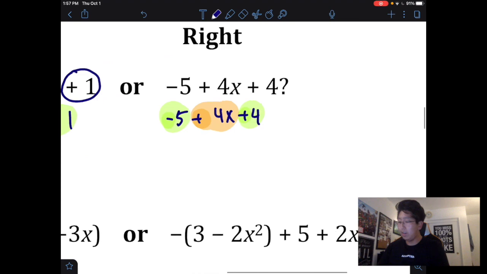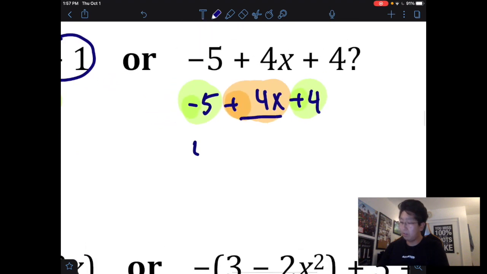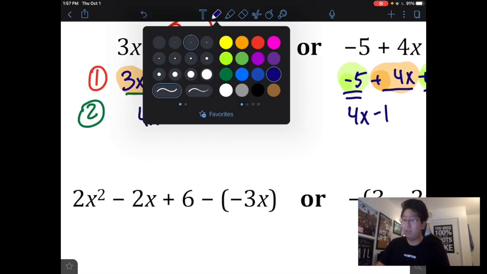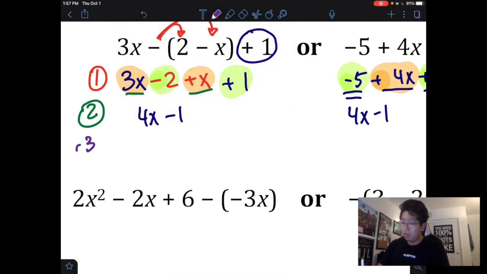Over on this right side, I'm going to combine 4x. And negative 5 plus 4 is minus 1. Third step, remove equal values. I'm going to remove 4x's from both sides.